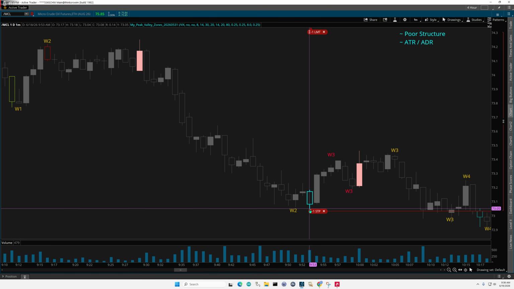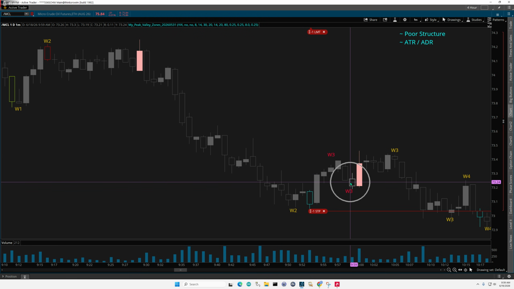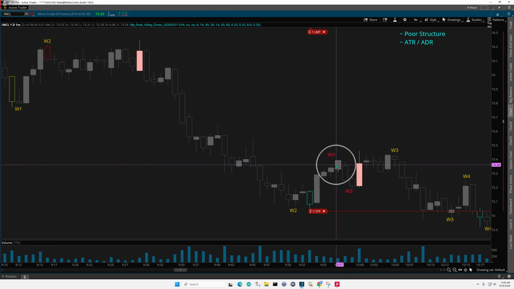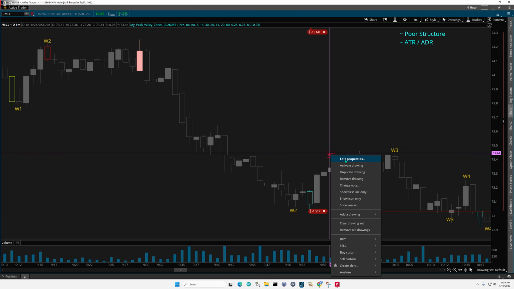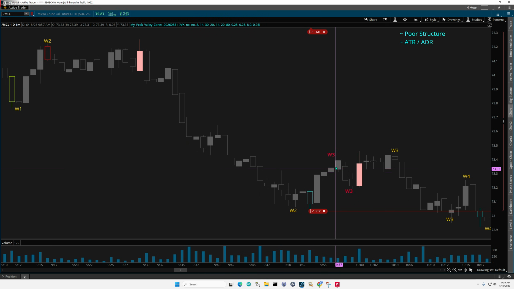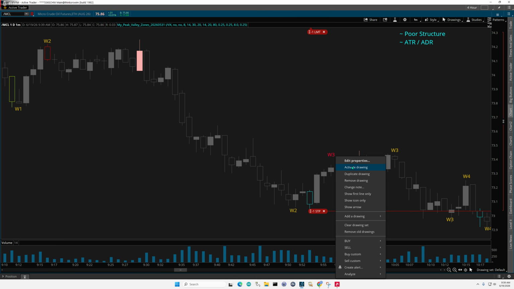But I wouldn't have gotten long here because you're expecting a 5-wave move. So price then proceeds to go up, and then we get this candle body under this candle body. So technically that is the wave 3. I'm just going to move this over a little bit.